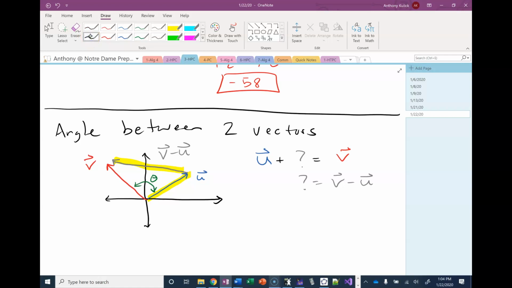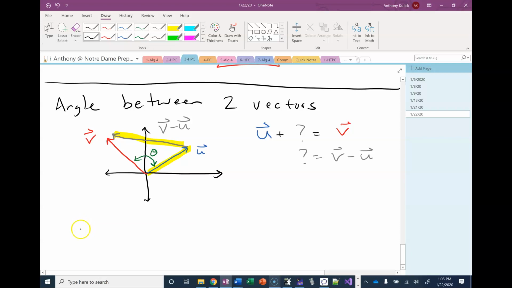Okay. So we have a triangle, and we know something about the three side lengths, and we're interested in angle measure. Do we have a tool that we can use that relates the side lengths of a triangle and an angle measure inside of the triangle? Yeah. The law of cosines.